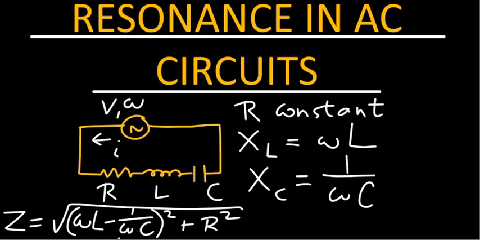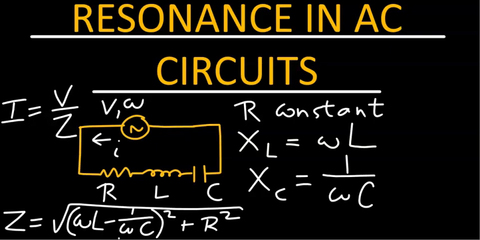The current amplitude I can be related to the impedance of the circuit and the voltage amplitude of that source, and it can be written in the following manner, namely the voltage amplitude of the source divided by the impedance of the circuit.